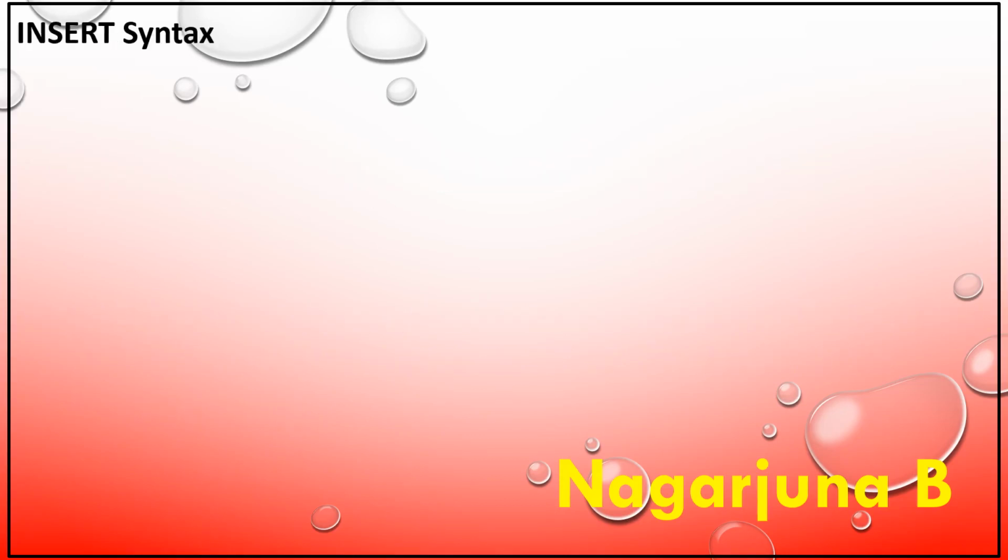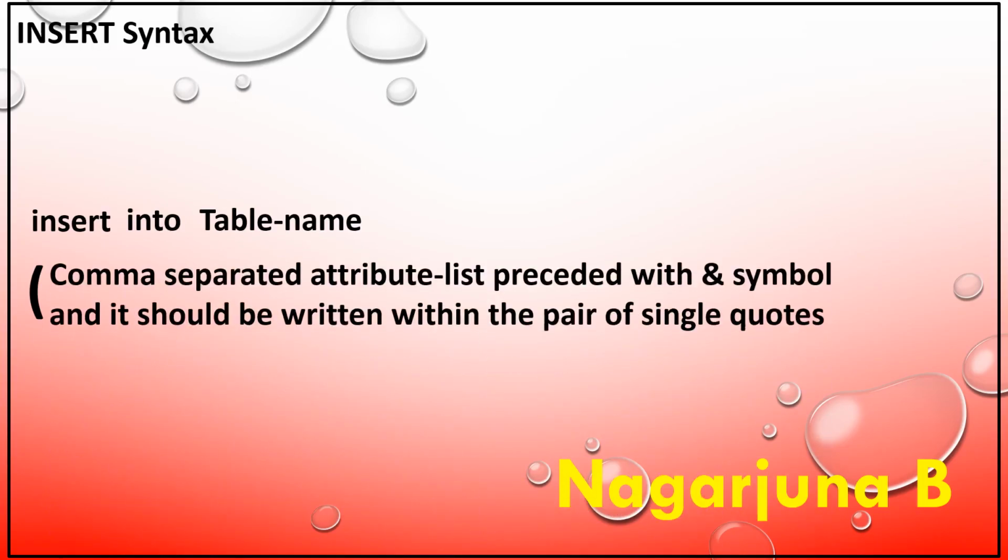Then the third form of the insert command is insert into table name. After that, open the bracket. Then you need to write the attribute names separated by commas, each preceded with an ampersand symbol, that is, an and symbol, and it should be written within single quotes.